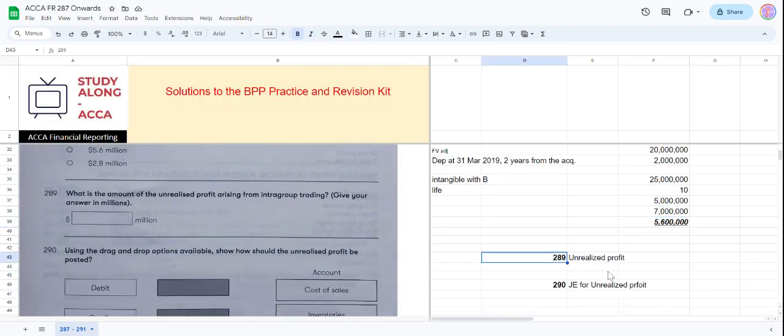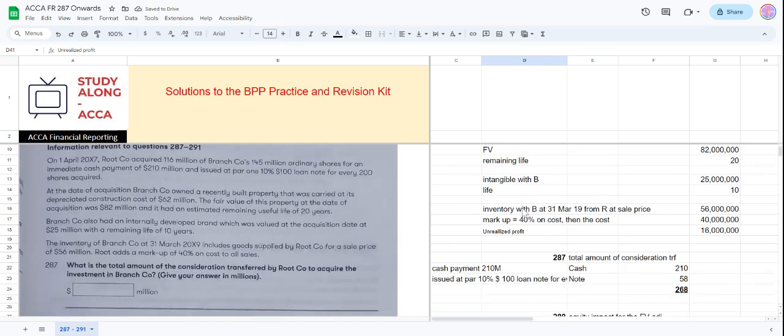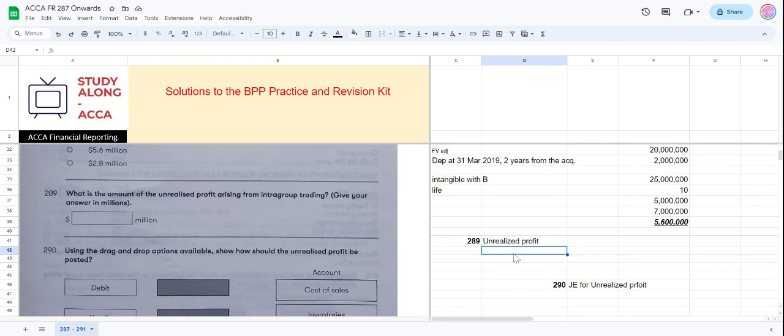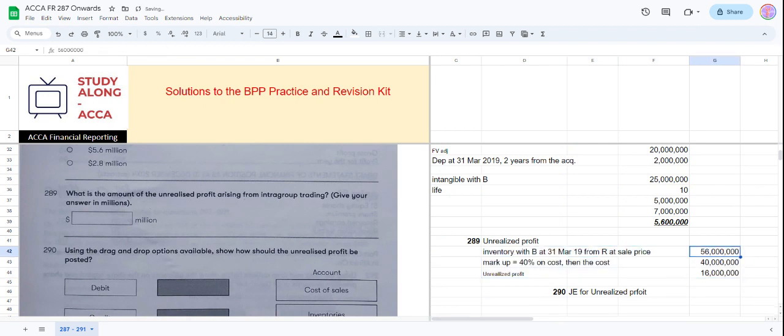Then there is 289 where they are asking about the unrealized profit. We have already calculated this actually. We saw that 56 million was the inventory that was sold at selling price, and the markup was 40% on cost.